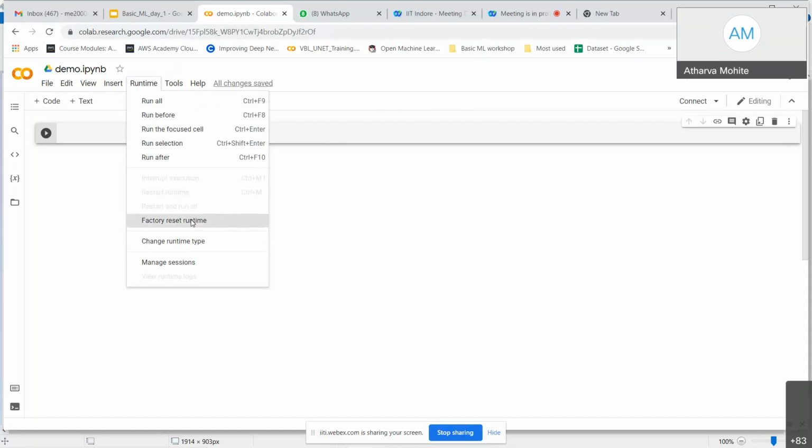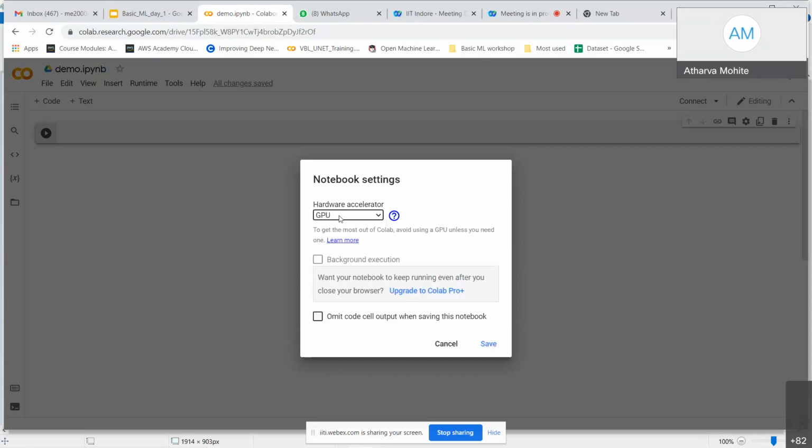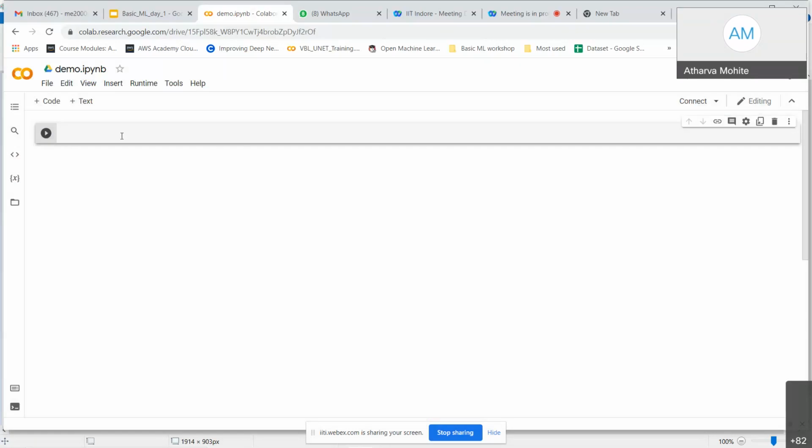There are three runtimes in Google Colab: none, GPU, and TPU. None is where you use the CPU. Okay, so we will switch to GPU. Here is the code block. You can start writing your code here. So we will write something.